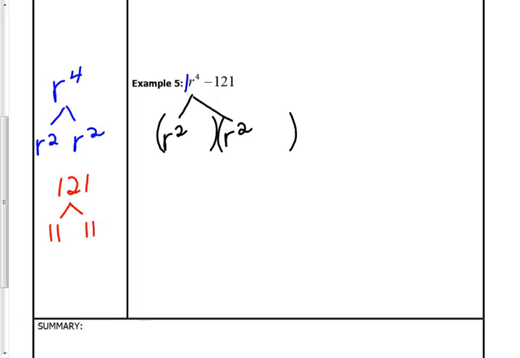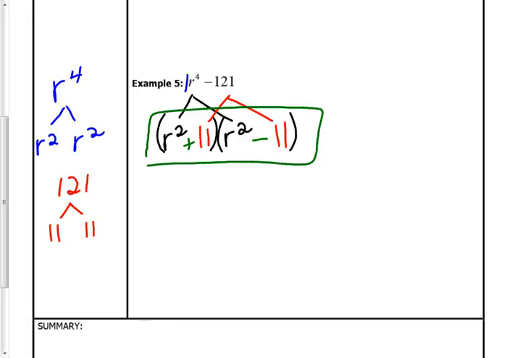That's why I say you want to make sure you recognize those perfect squares right away. 11 times 11. And then the minus sign would indicate that we have different signs here. 1 positive, 1 negative. It's positive 11 times negative 11 is negative 121. So there's my answer. And that is it for difference of squares.